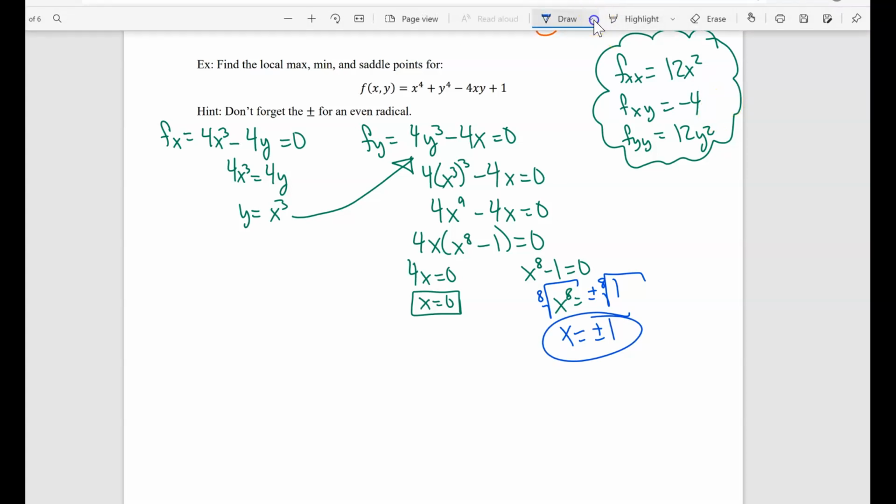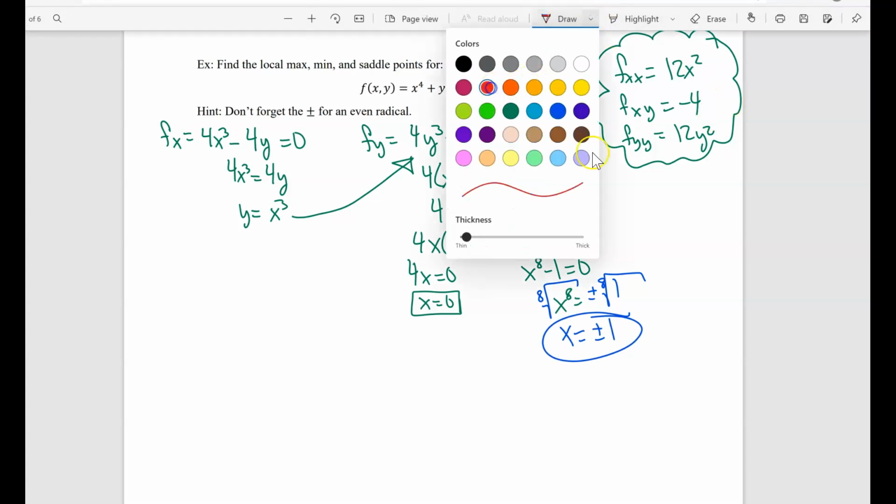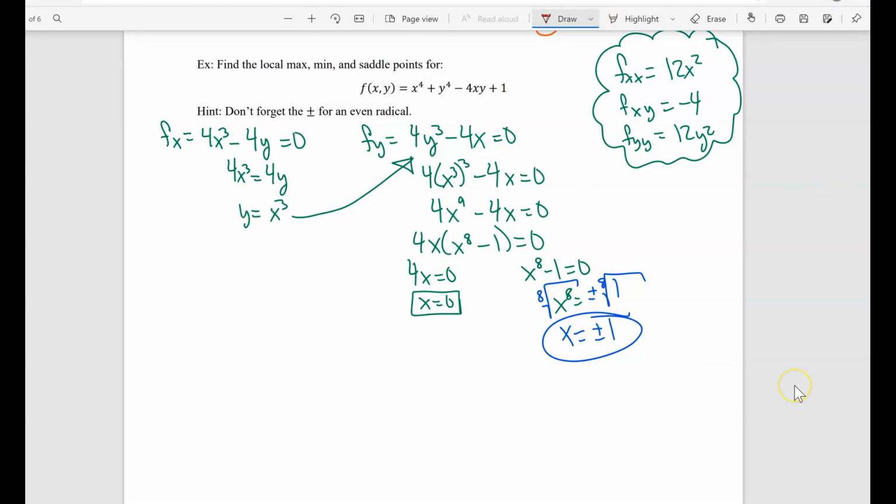All right, so now we're going to plug all of these 3 points back into this relationship right here. So x equals 0: we get y equals 0 cubed, which is just 0. So we got the point 0, 0. You plug in x equals 1: we got y equals 1 cubed, that gives me 1.